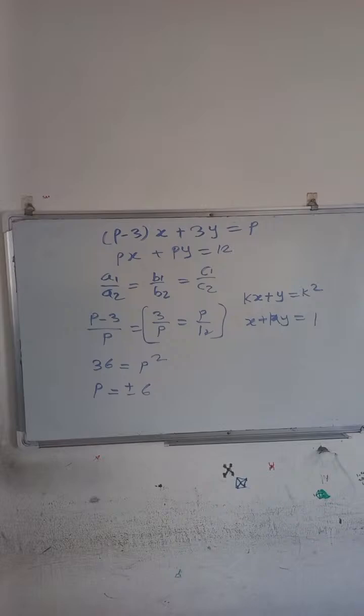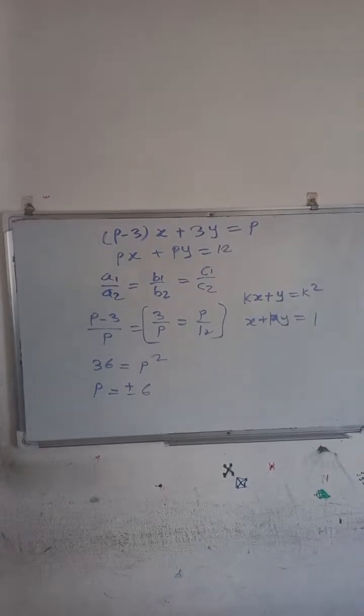I'll repeat the question. Find whether the lines represented by 2x plus y is equal to 3 and 4x plus 2y is equal to 6 are parallel, coincident or intersecting. That we have to find out.